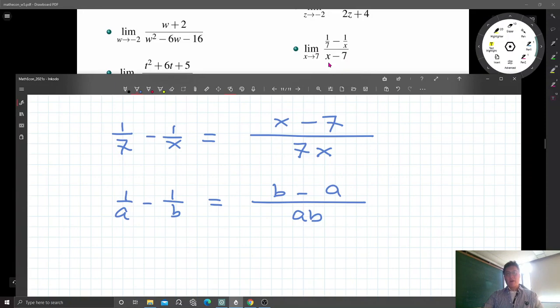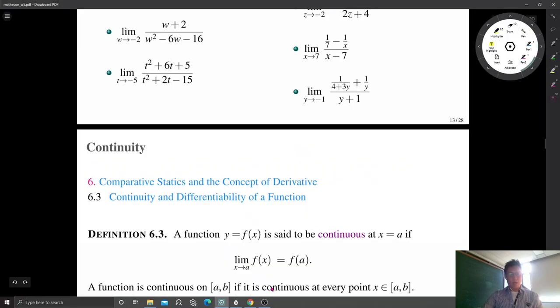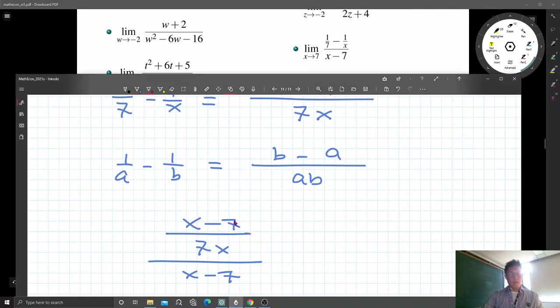Then we divide by x minus 7, so we have (7 minus x) over 7x divided by x minus 7. Now we can cancel the x minus 7 from the top and from the bottom, so we are left with just 1 over 7x.